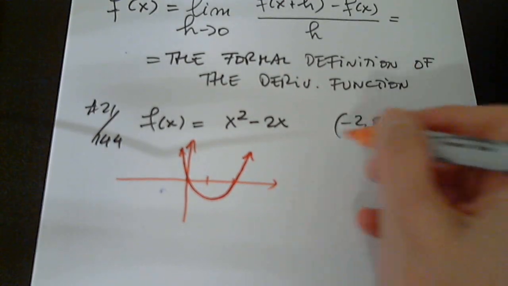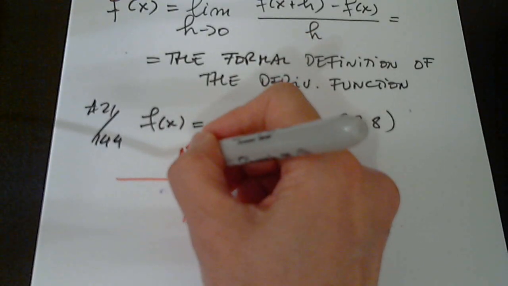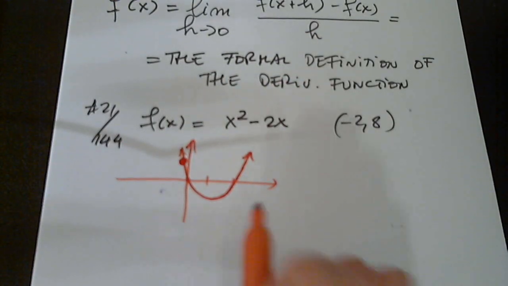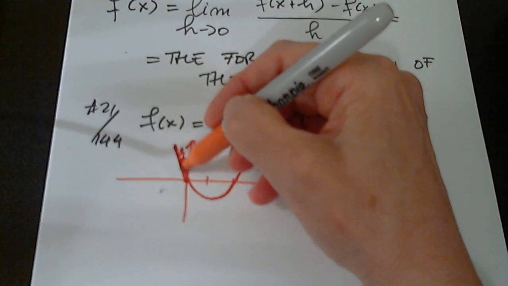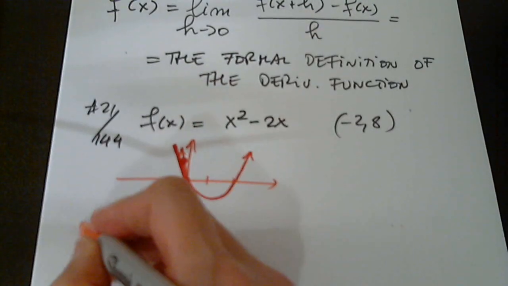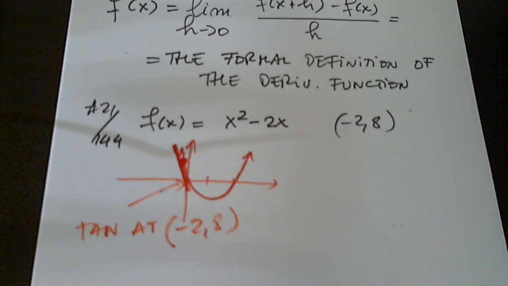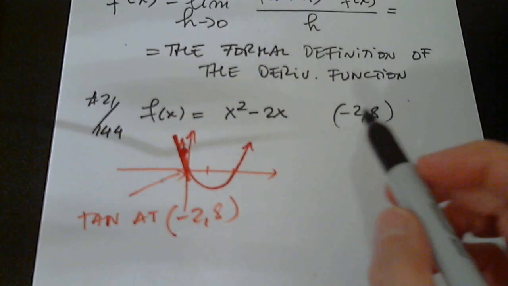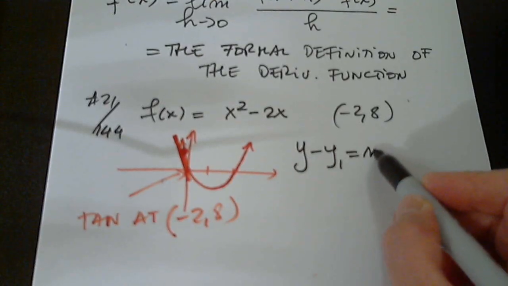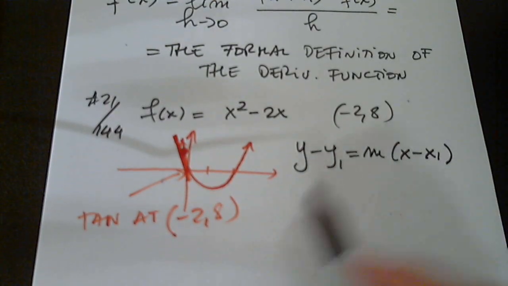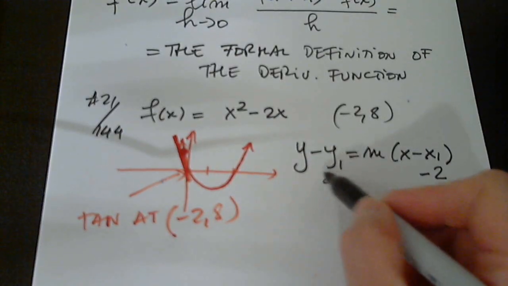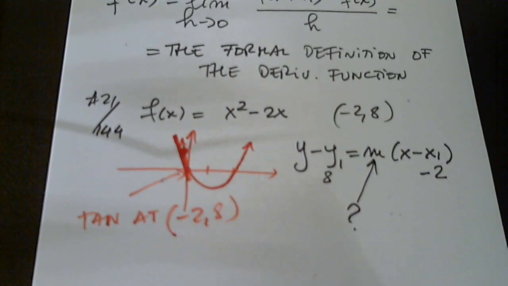There is a point at negative 2, 8, somewhere here. They want us to determine the equation of this tangent line at negative 2, 8. In order to determine an equation of a line, I have to remember y minus y1 equals the slope times x minus x1. I am given the point, negative 2 and 8. There is a big and very important piece that I do not have. What I don't have is the slope.